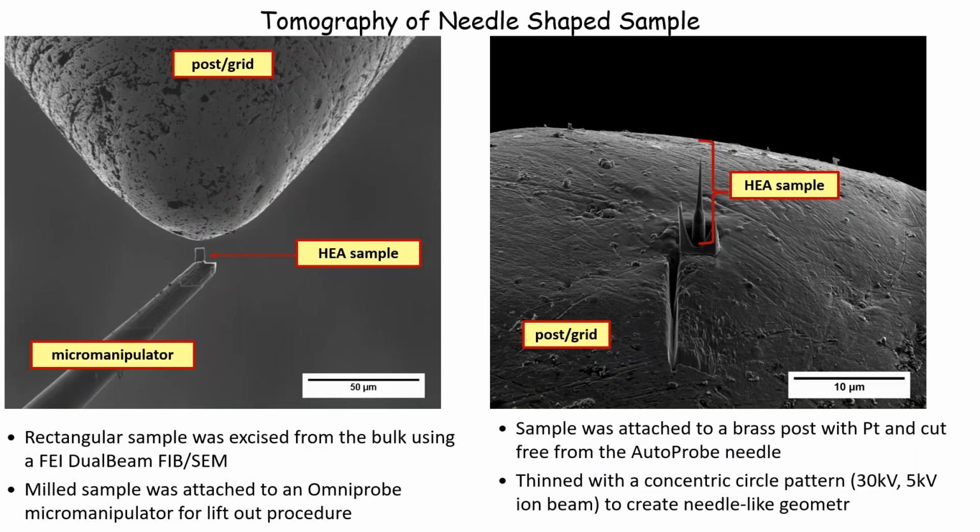So we prepared an atom probe-like needle, but it's not that small, it's much longer. We can prepare samples up to 100 micron in length. We use focused ion beam to pick a region of interest, and then we prepare this tall needle that you see on the right, of the high entropy alloy, the same alloy I showed on the previous slide.